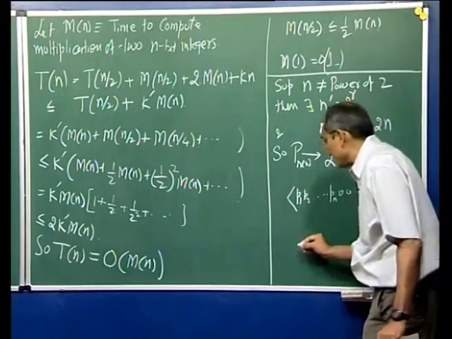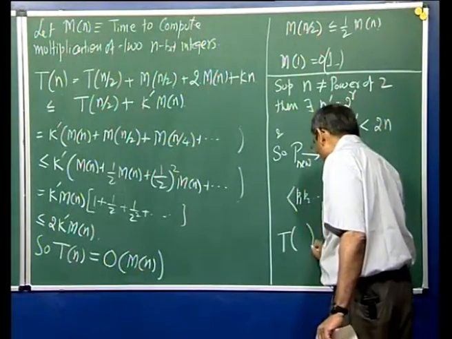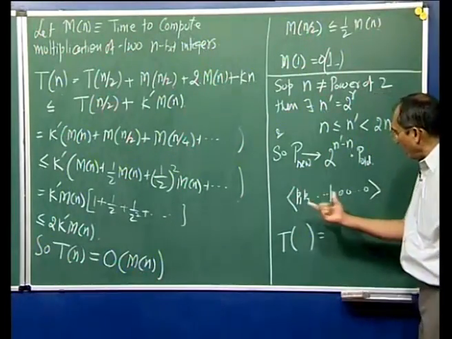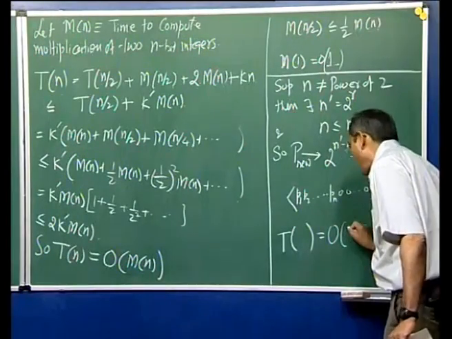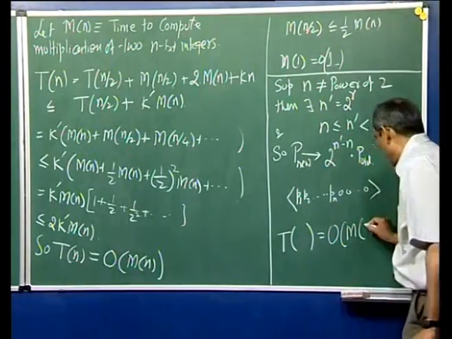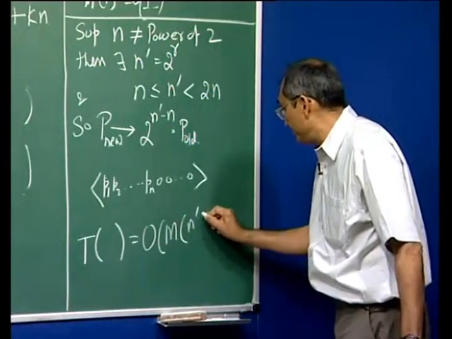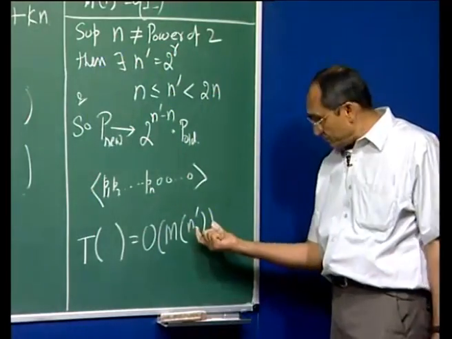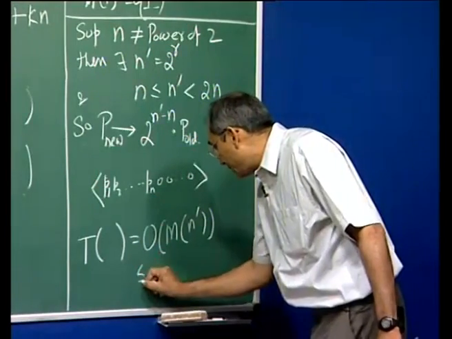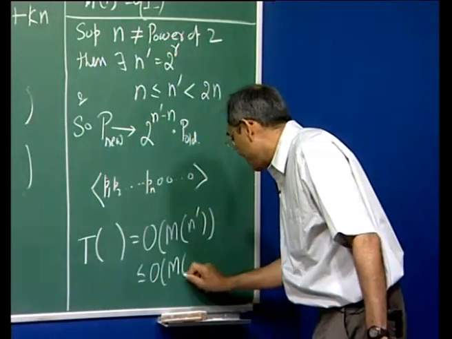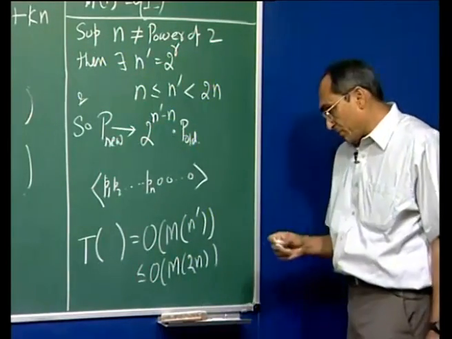And what we will find is that the time complexity of the procedure using p new will be of the order of M of n prime, because I have worked with n prime bits, which is less than or equal to order M of 2n. Notice that we have this inequality, which is fine.